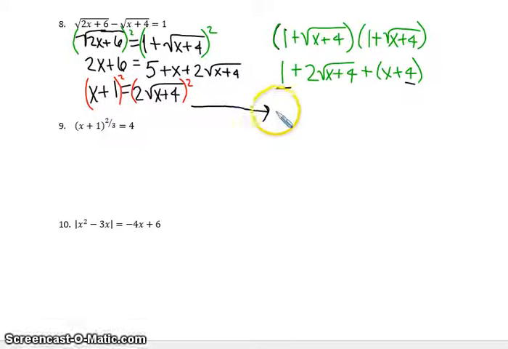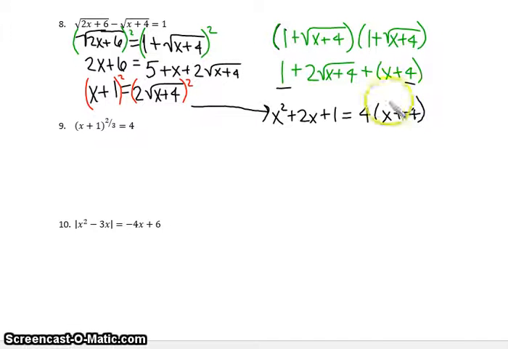X plus 1 squared is x squared plus 2x plus 1. This is going to be 4 times x plus 4 for the right side. So I have x squared plus 2x plus 1 equals 4x plus 16.